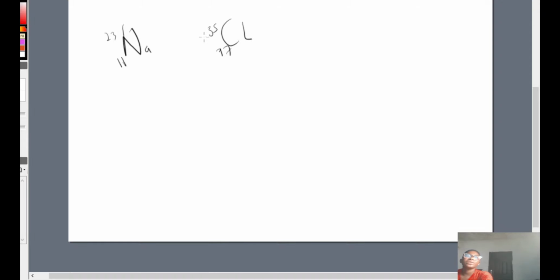When we want to draw them, when there is a combination between them, for Na the first circle is going to have 2, the next energy state is going to have 8.